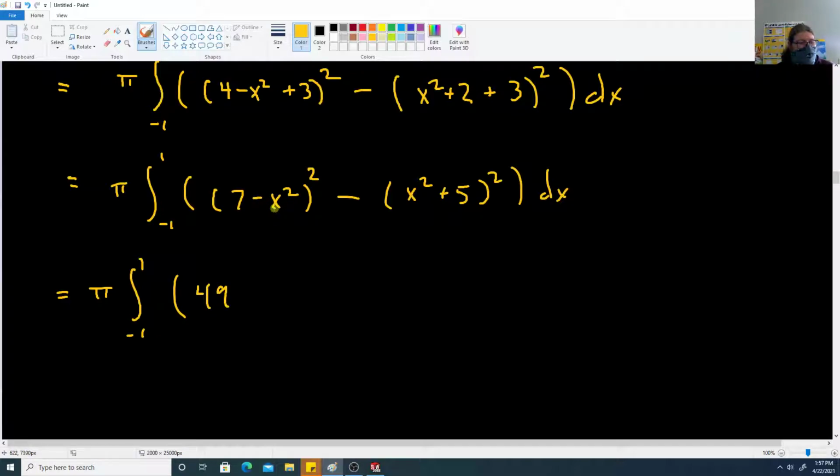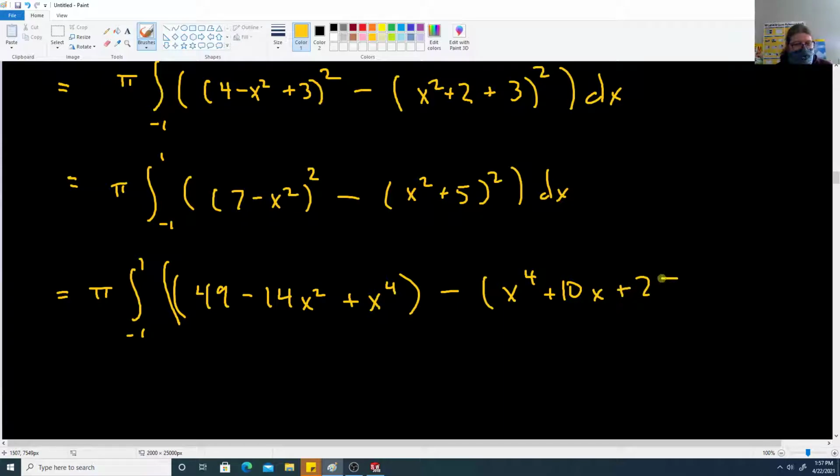We have minus 7x squared from the outer, minus 7x squared from the inner, so that'll be minus 14x squared. The negative x squared times another negative x squared is positive x to the 4th. So that's what we get from FOILing out this first chunk. And then we're going to subtract from it what we get when we FOIL out this bit here, which will be 4x squared plus 10x plus 25.